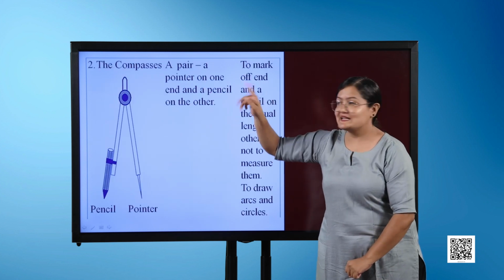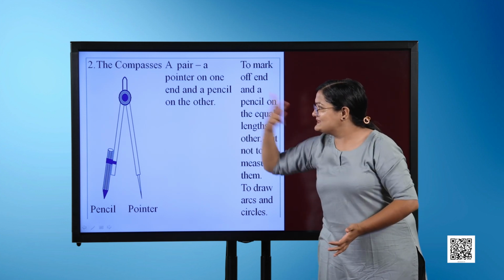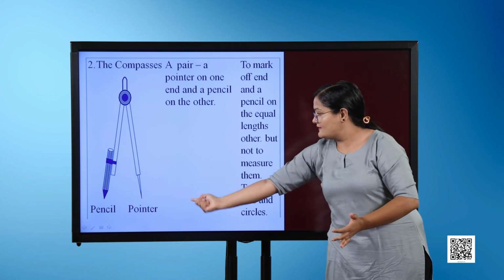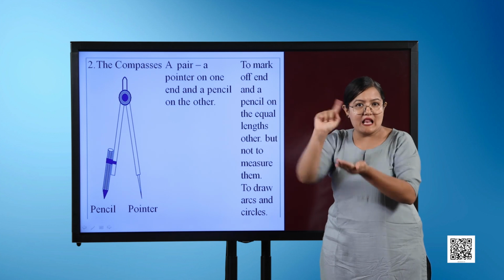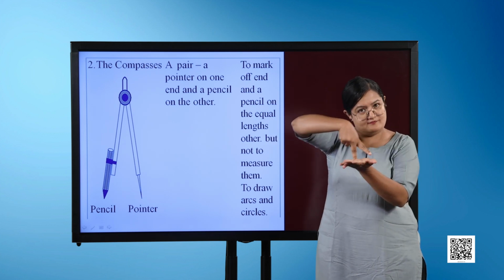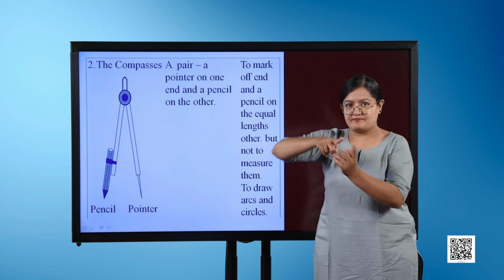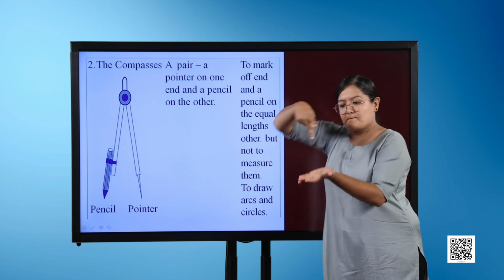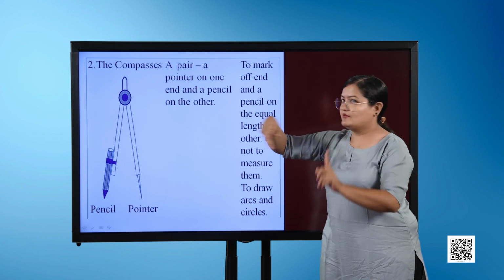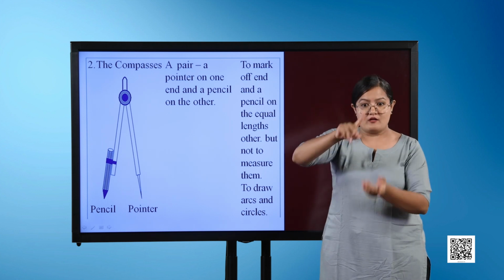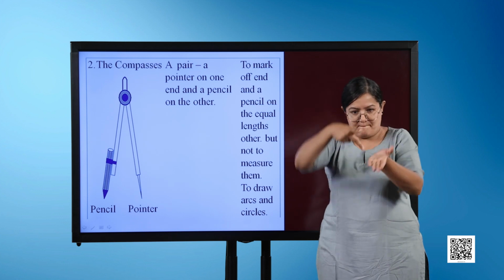2. The compasses. We have the picture of a compass here. A pair, a pointer on one end and a pencil on the other. To mark off equal lengths, but not to measure them.